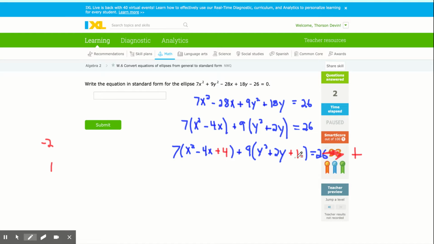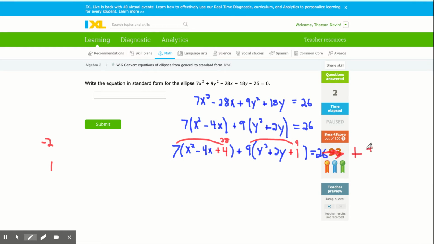I don't add 4 and I don't add 1, because think what would happen if I distribute this 7 back in. This 7 times the 4 actually means I added 28 into this expression. And the 9 times this 1 actually means I added 9 into this side of the equation.